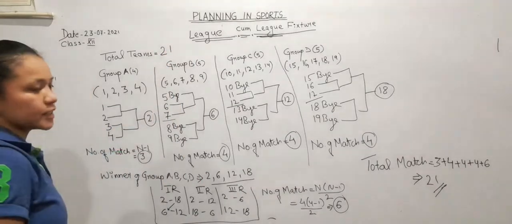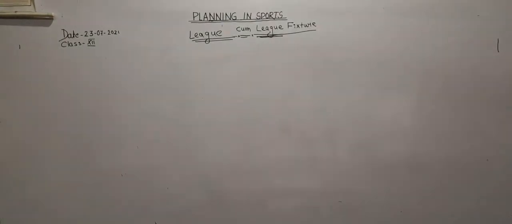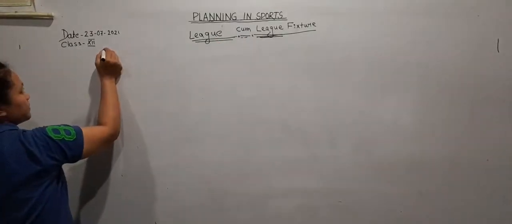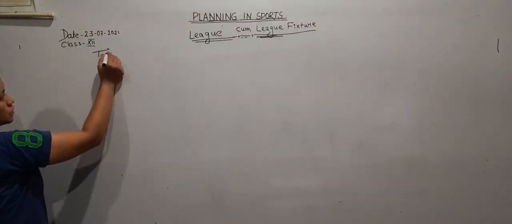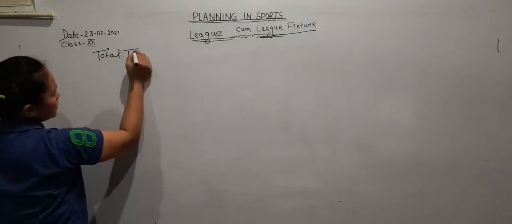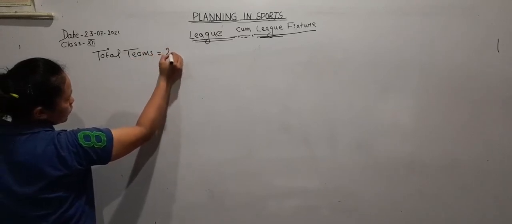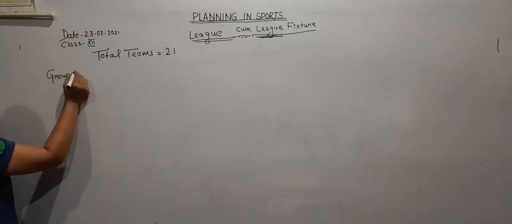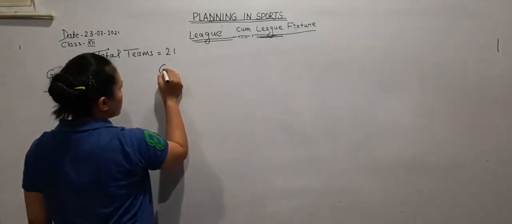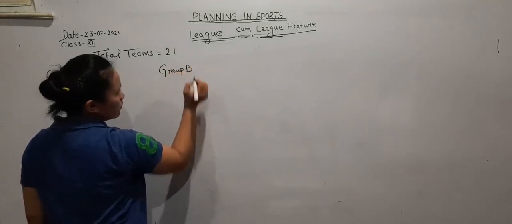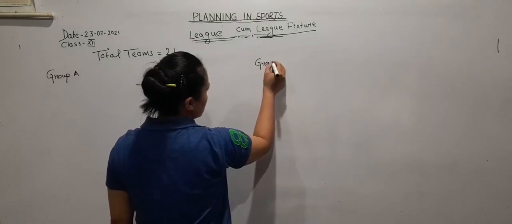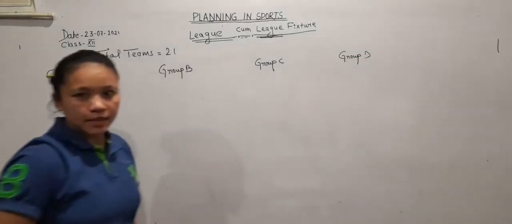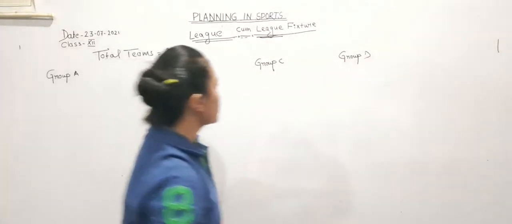So the first step is to divide the teams into 4 groups: Group A, Group B, Group C and Group D. First step, divide the teams into 4 groups. Group A, Group B, Group C and Group D.